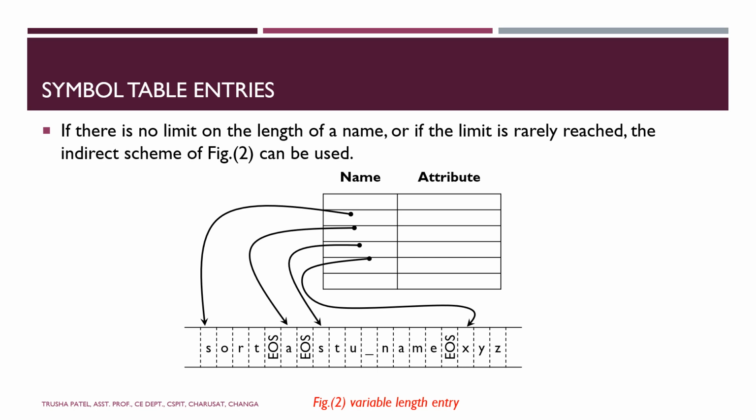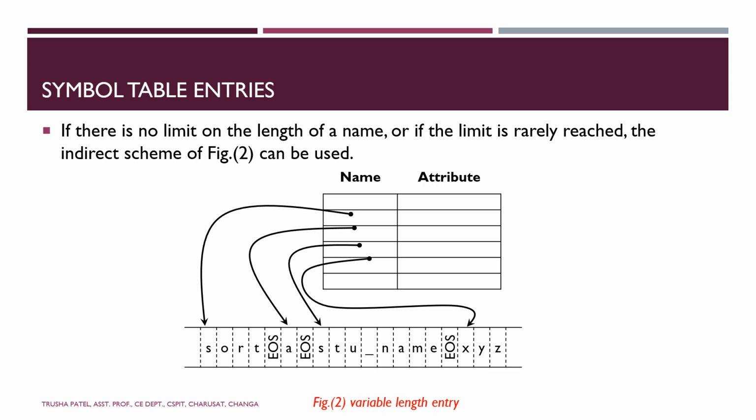Now you can see that there is a separate array of names, and the name field of your symbol table is actually maintaining a pointer for each and every name existing in this array. Now the first name is SORT. After that there is one EOS, that is end of string, which indicates that the first name ends over here.